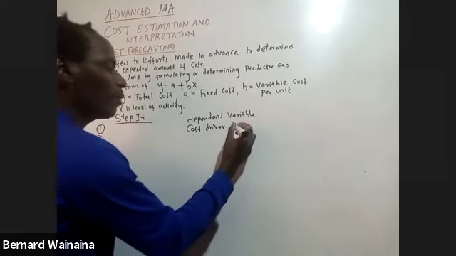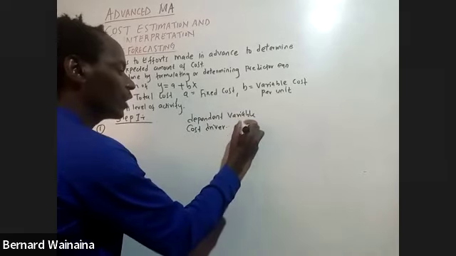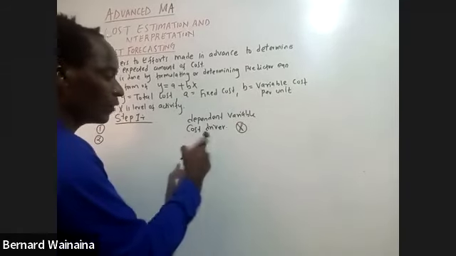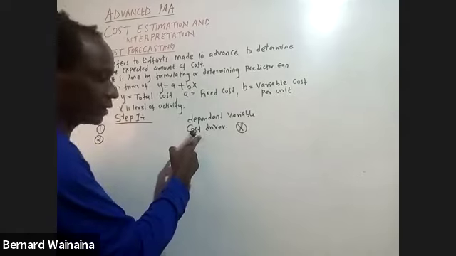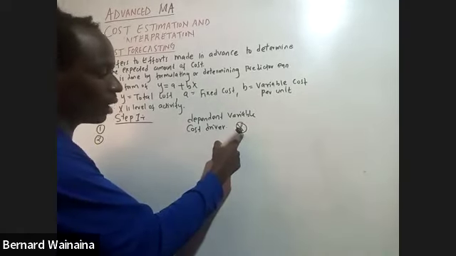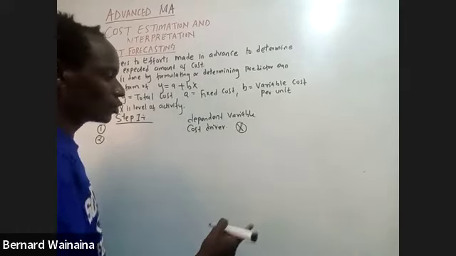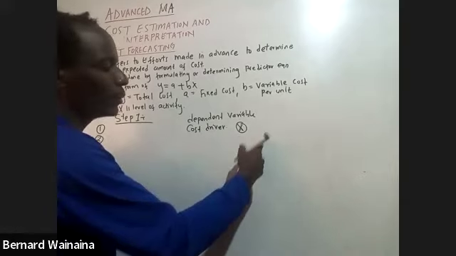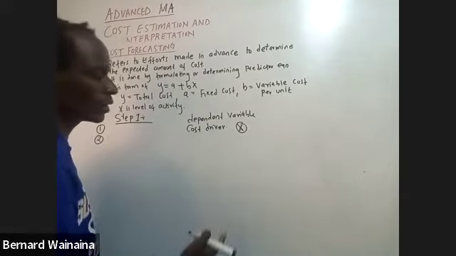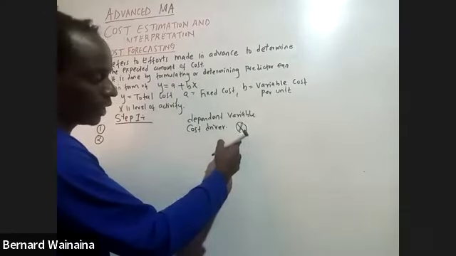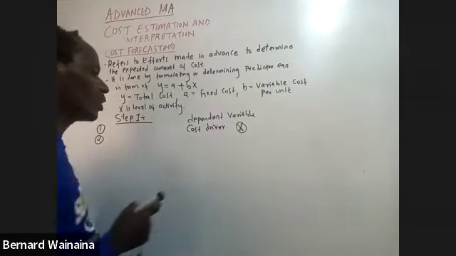A good example is the number of units X. When the number of units X increases, it will drive the cost to increase. For example, an increase of 2 units may increase the cost by 200. That 200 is a measurable number from the X units, and we call it a cost driver.